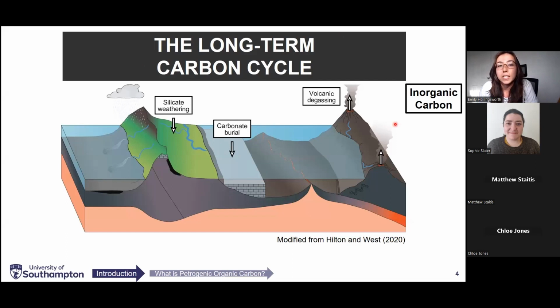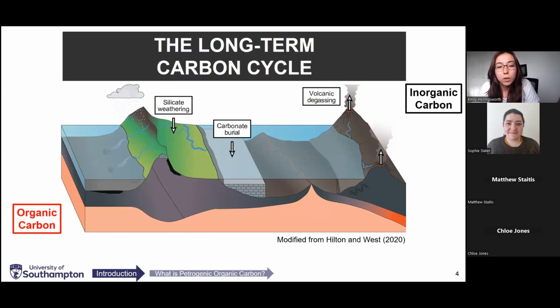And these processes are mostly focusing on inorganic carbon. And so we're missing a big chunk of what's going on here by not looking also at organic carbon and the role that this might have. Although in the last 20 or so years, this has become something that's more of an emerging interest.